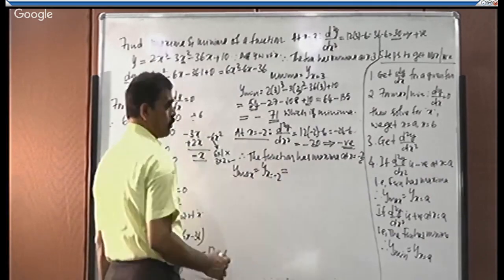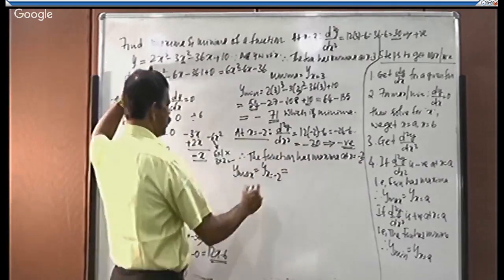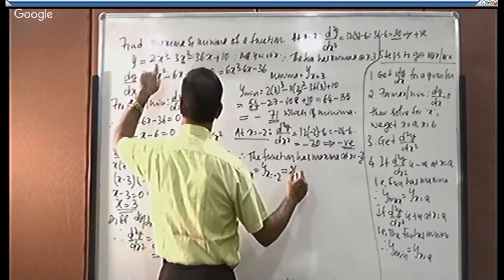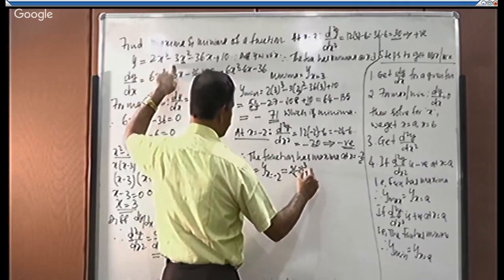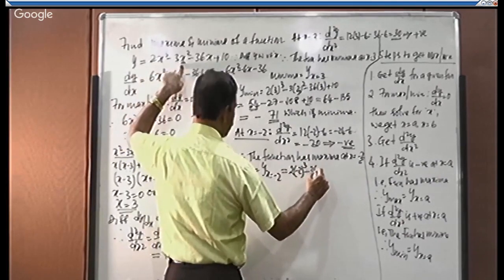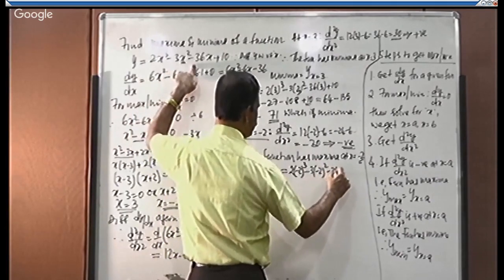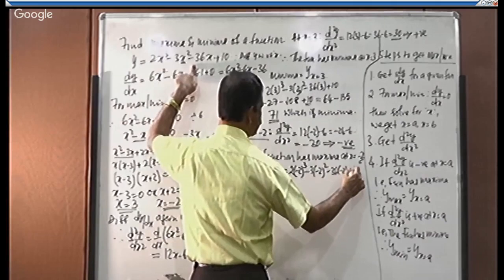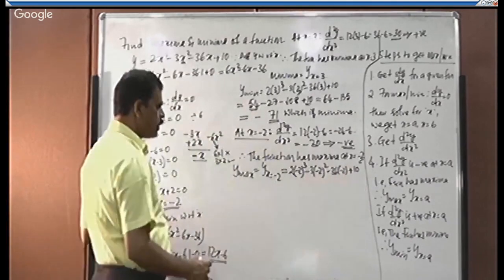That is equal to, put x value minus 2 in y, that is 2 into minus 2 cube minus 3 into minus 2 square minus 36 into minus 2 plus 10. I replaced all the x values by minus 2.